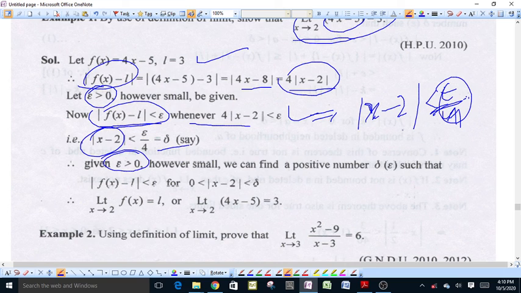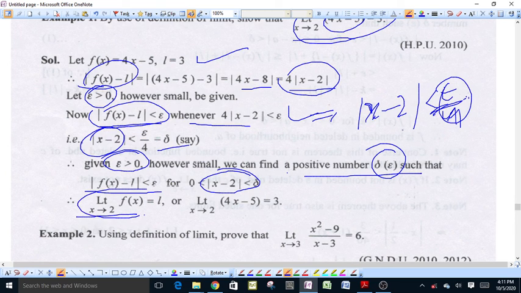Therefore, for given epsilon positive, however small, we can find a positive number delta which depends upon the value of epsilon, that is delta is equal to epsilon by 4. Then f(x) minus L is less than epsilon for x lying in the delta neighborhood of point 2, that is as x approaches 2, the limit of f(x) is equal to L, that is the limit of 4x minus 5 as x approaches 2 is equal to 3.